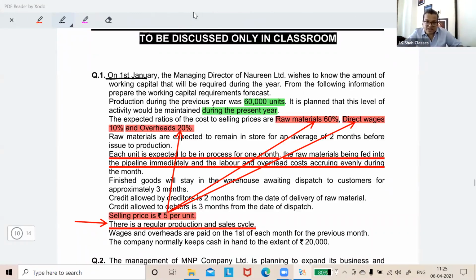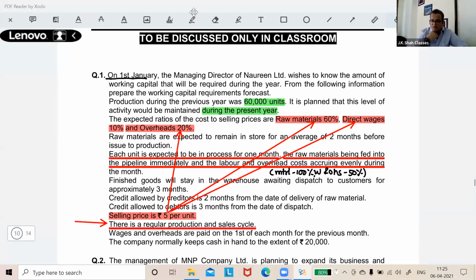So we will solve it like this. Material 100%. Wages and overheads both 50%. Come on, guys, tell me. Are you clear with this WIP? Everyone? Okay. Let's move ahead. Finished goods will stay in warehouse awaiting dispatch to customers for 3 months. So finished goods cycle will be 3 months. Credit allowed by creditors.